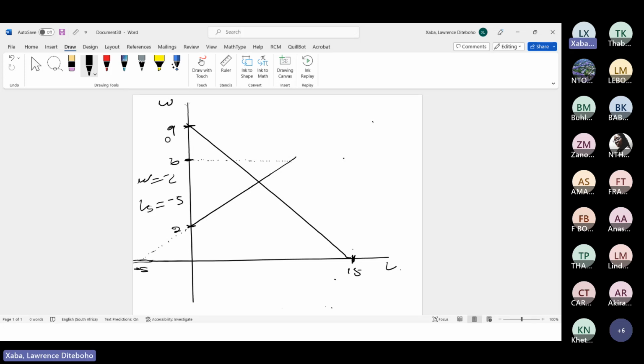So it means, from the values that we calculated, when we substituted the given floor price of 6 into our equation, we got these values.